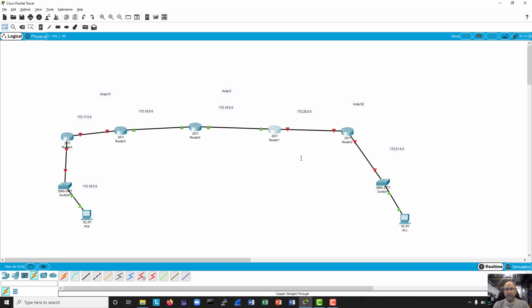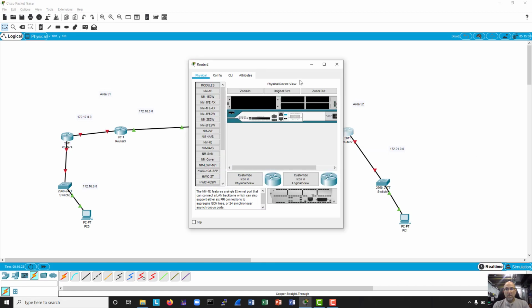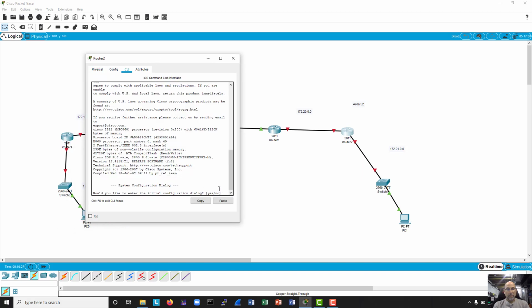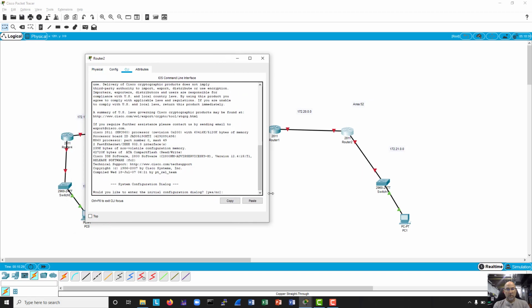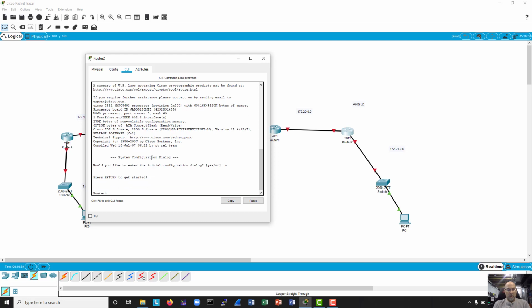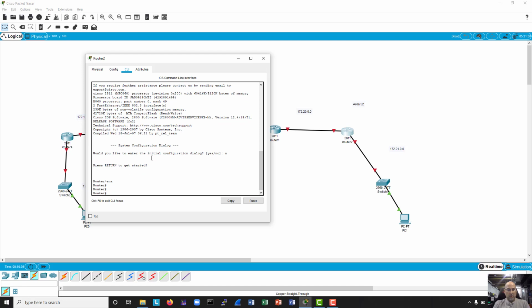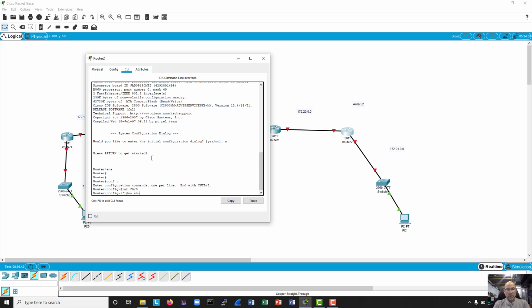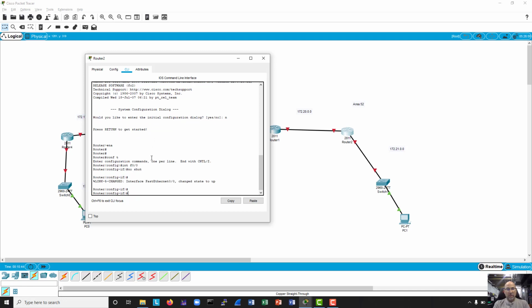Now we'll keep going here. I'll put this over here so you can see what's going on as we bring interfaces up. 0/0, no shut. Now notice that I've really done two things so far.